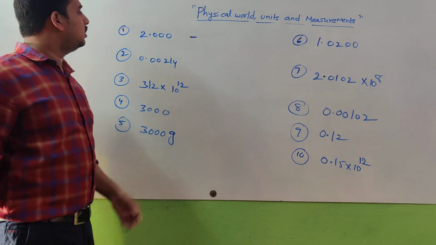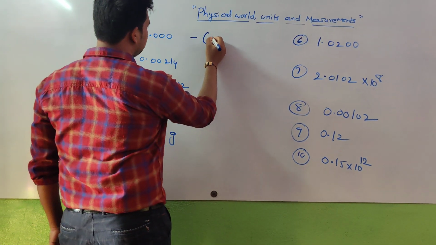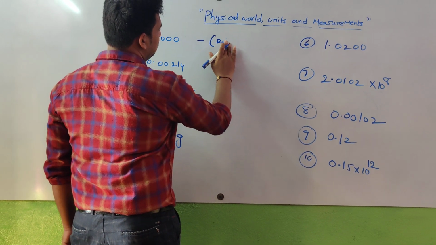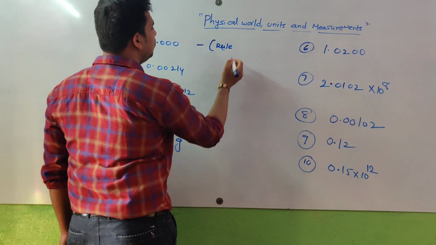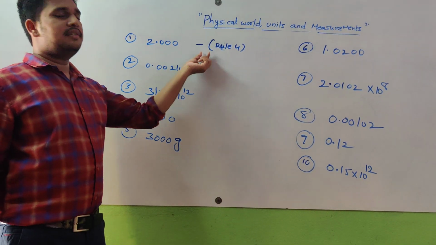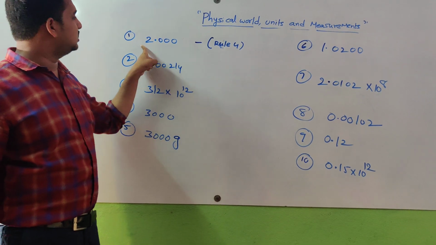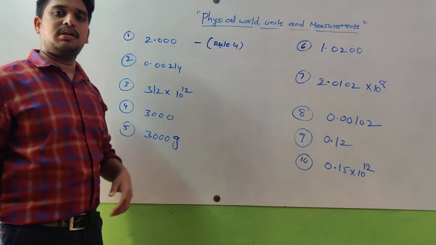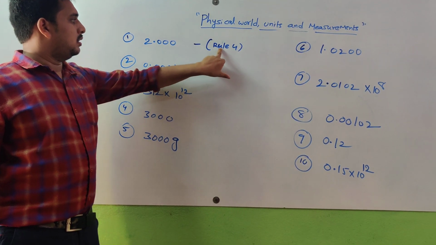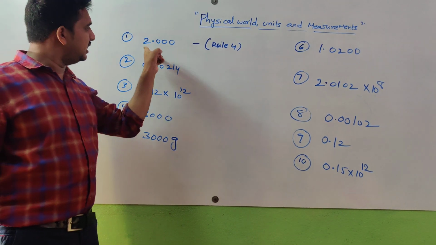2.000. So what is this? This is coming under rule number, observe rule 4. What is rule 4? The number which is greater than 1. This is 2.000. It is greater than 1 and it is a decimal number.